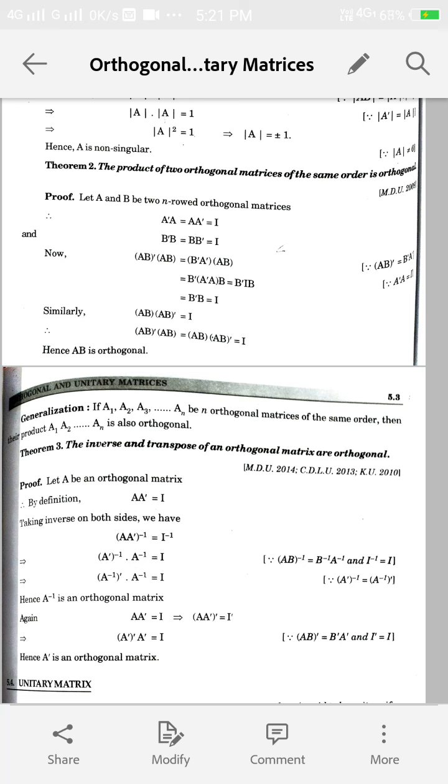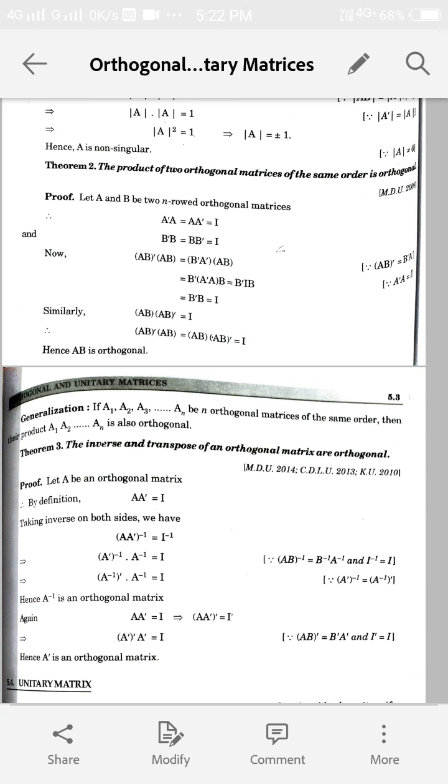Now we are to prove that their product AB is again an orthogonal matrix. If we are to prove a matrix to be orthogonal, we have to prove that the matrix multiplied by its transpose is an identity matrix.